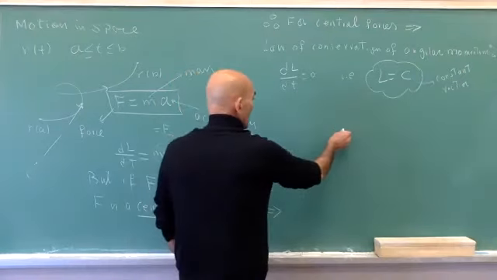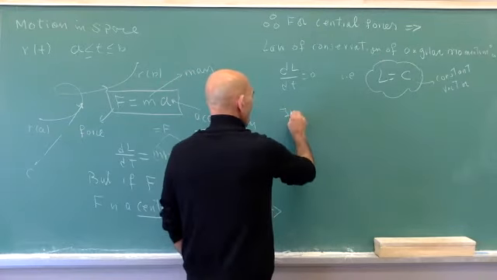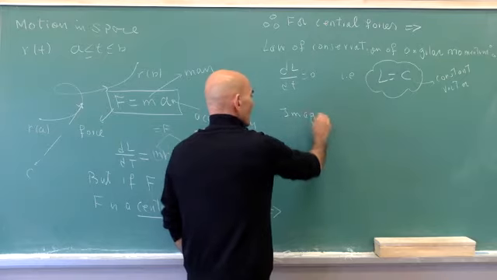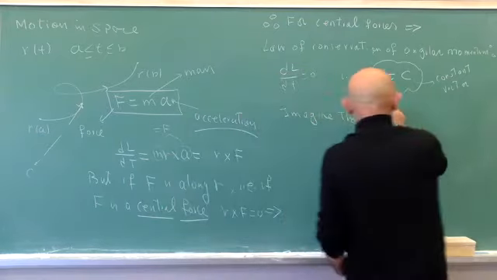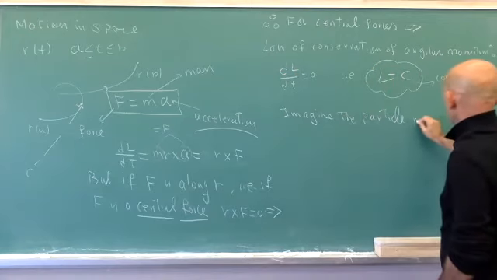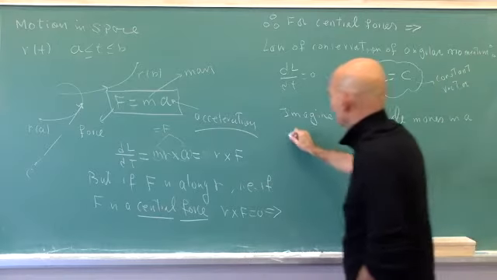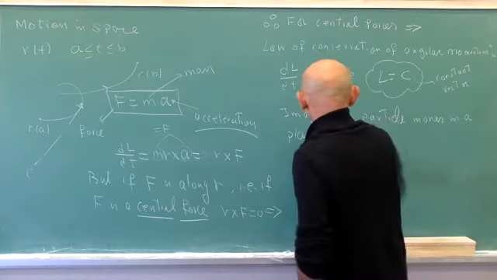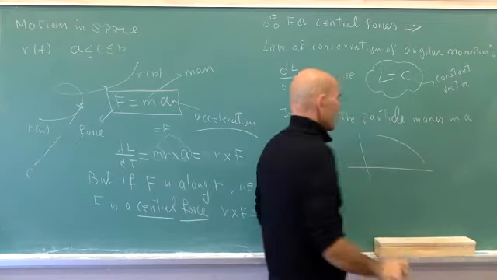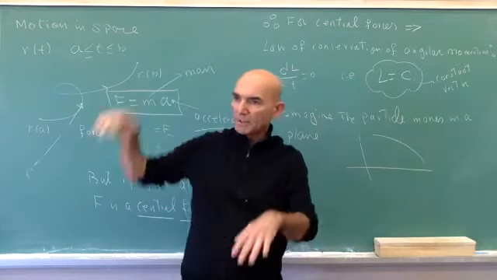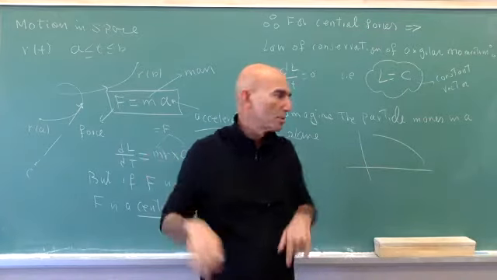Now let's see what it means in terms of planetary motion. So imagine the particle moves in a plane. It's not going out of the plane, it's not a 3D motion, it's a 2D motion.